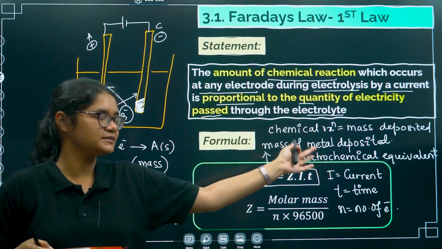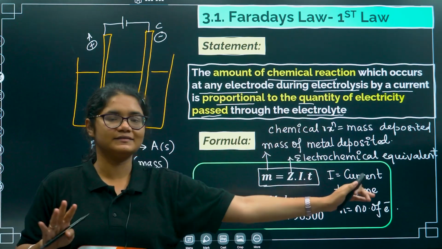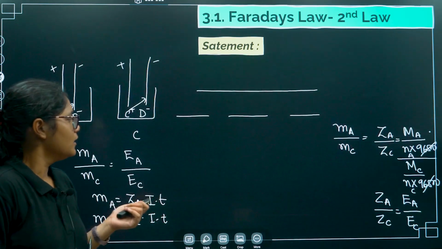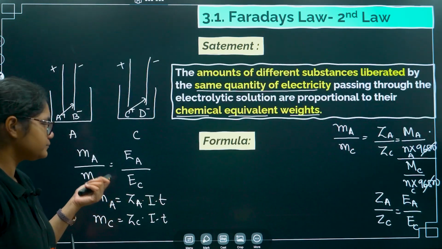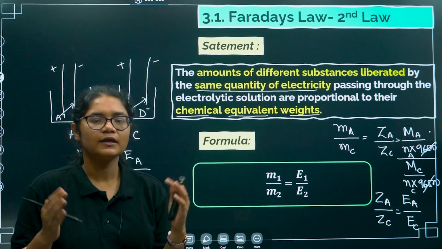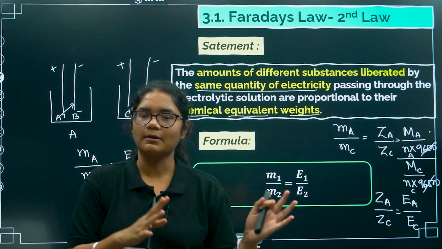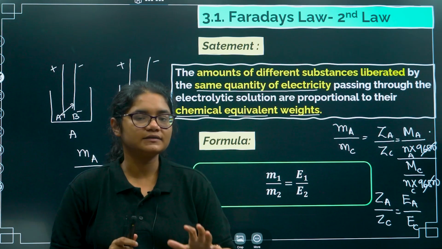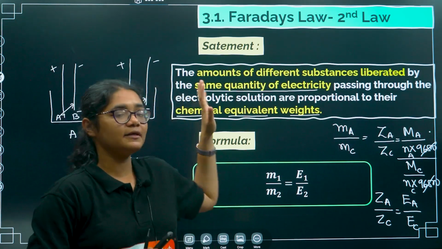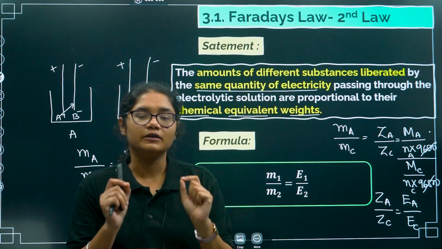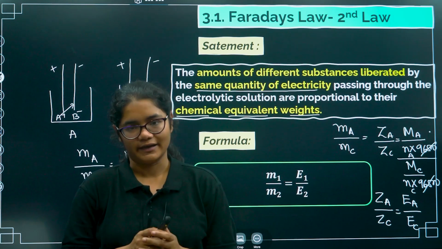Less current passed, less chemical reaction, less mass deposited. Getting? Okay. So the second law tells that if you are having two electrolytic cells and you are passing the same amount of current through them, then the mass deposited on the first one by the mass deposited on the second one will be equal to their equivalent weights.